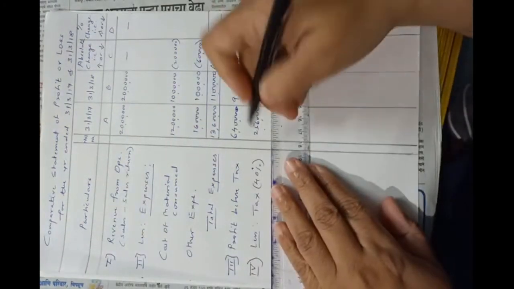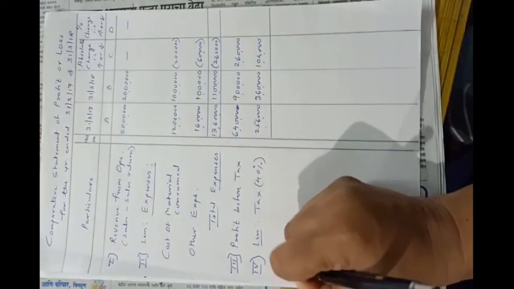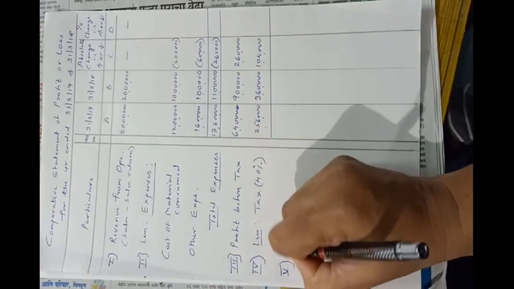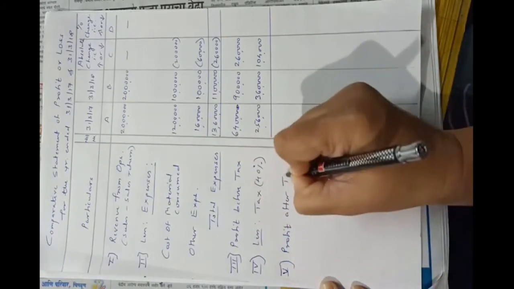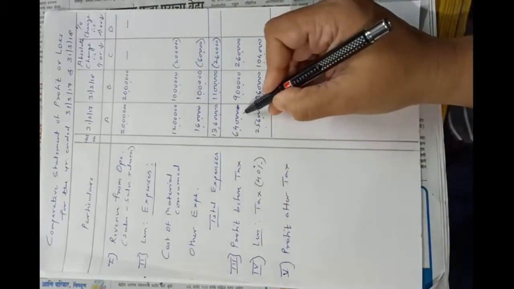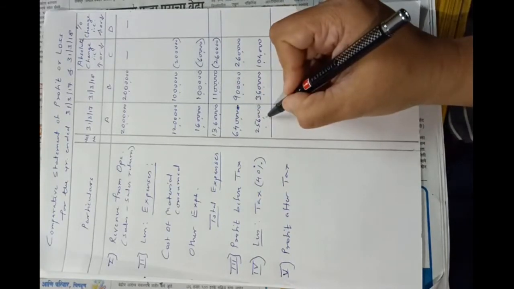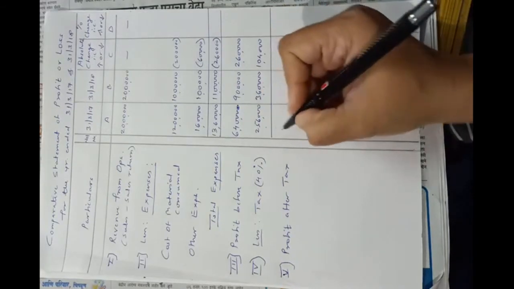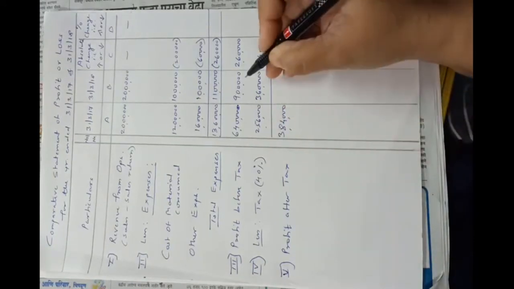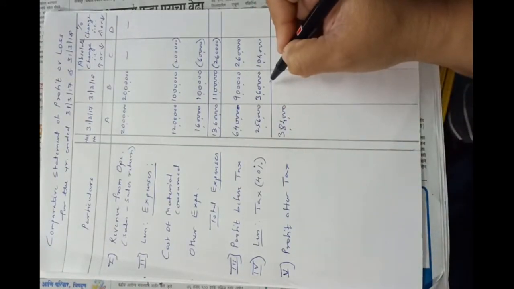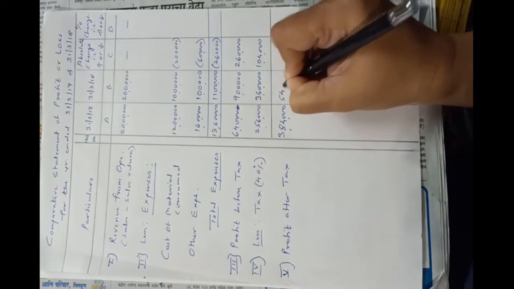Okay, now profit after tax. 6,40,000 minus 2,56,000, so it is 3,84,000. 9 lakhs minus 3,60,000, so it is 5,40,000.